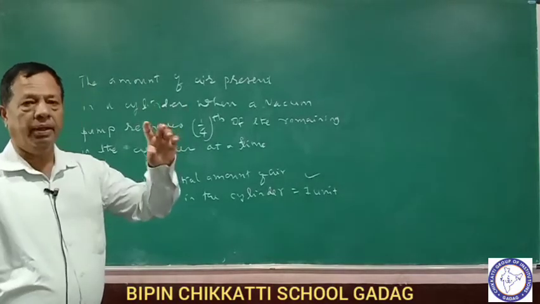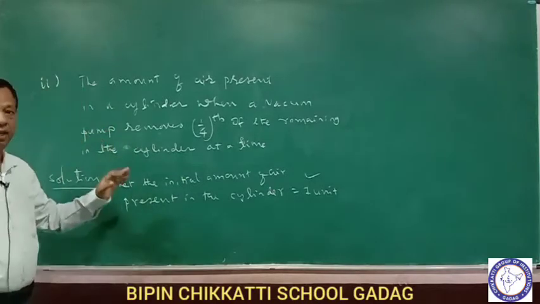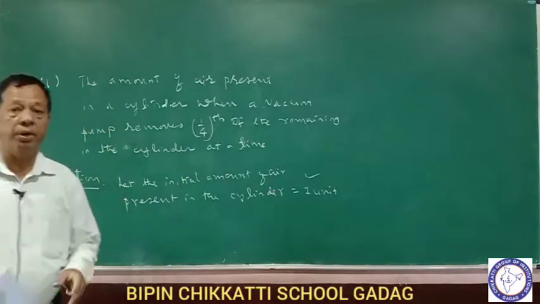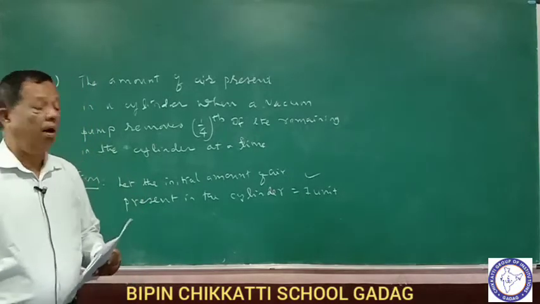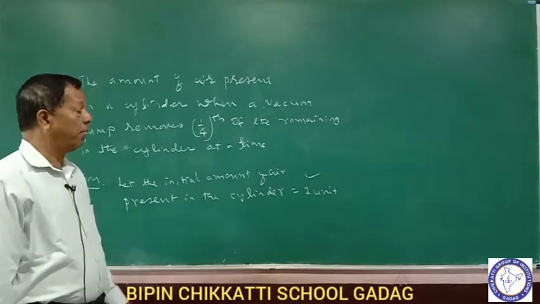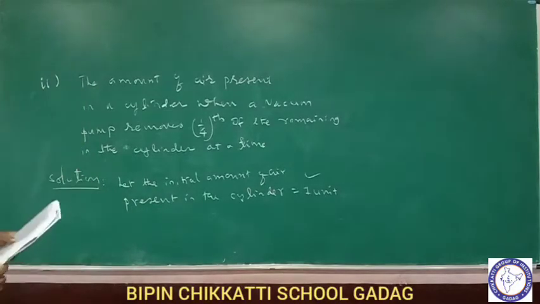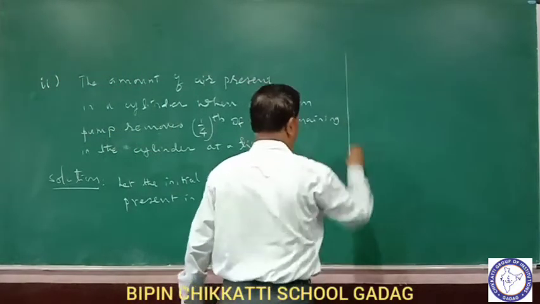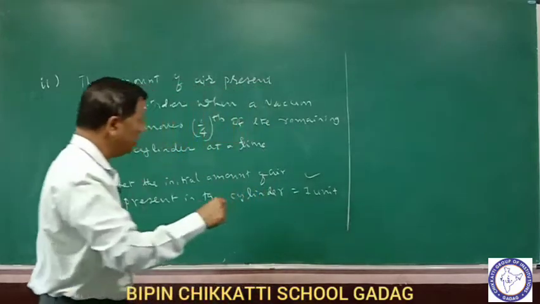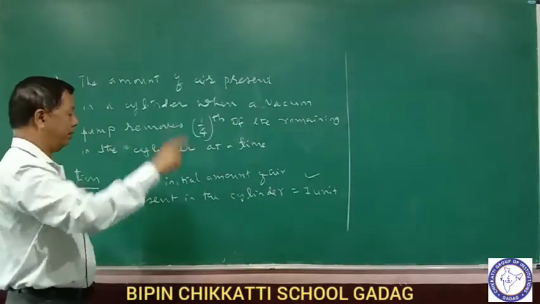In the cylinder, that amount of air you consider 1 unit, or instead of V, I have taken 1 unit. And the pump removes 1/4 of the remaining.